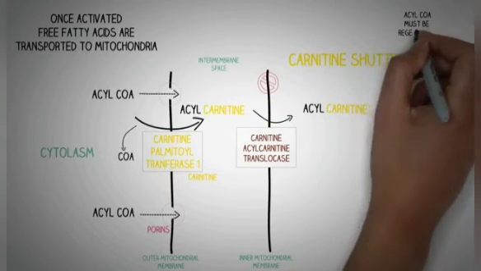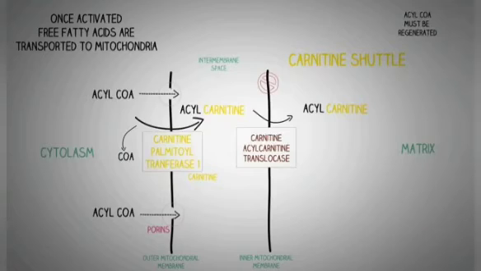But like we just discussed, acyl-CoA is the only form of the fatty acid that can be metabolized inside the mitochondrial matrix, so it must be regenerated. This job is done by the enzyme carnitine palmitoyl transferase 2.